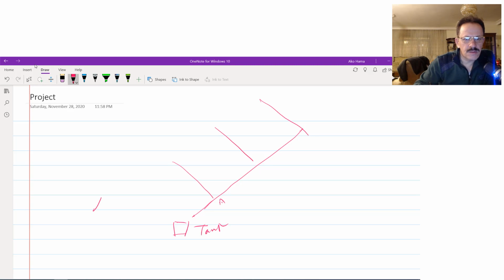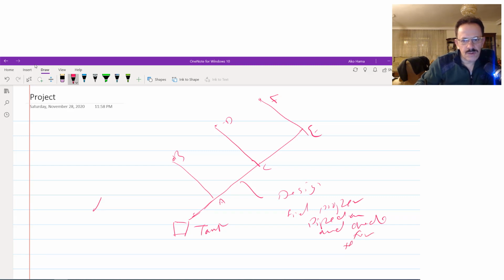So here's the A, B, C, D, E, F. What is required of you is to first of all calculate or design. Designing means you have to find the proper pipe diameters and check for the velocity and the residual pressure at the end of the node.